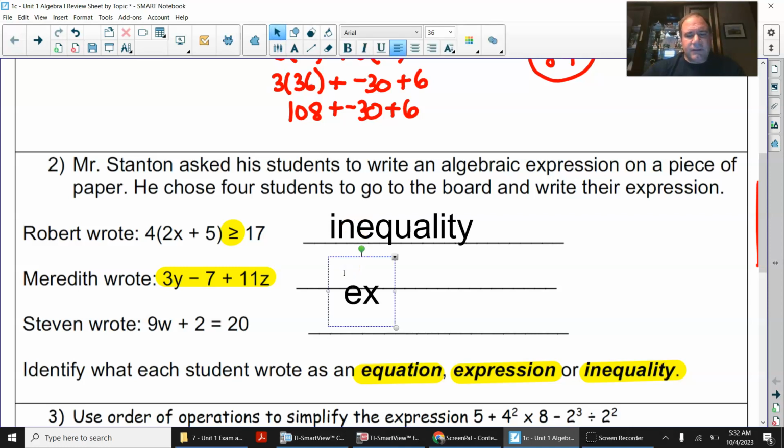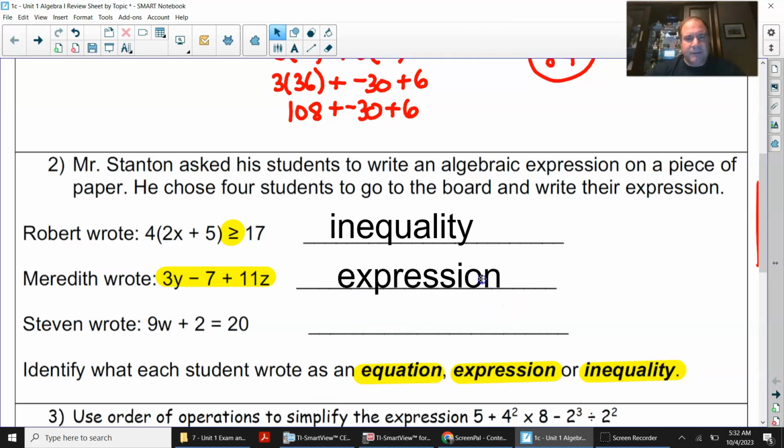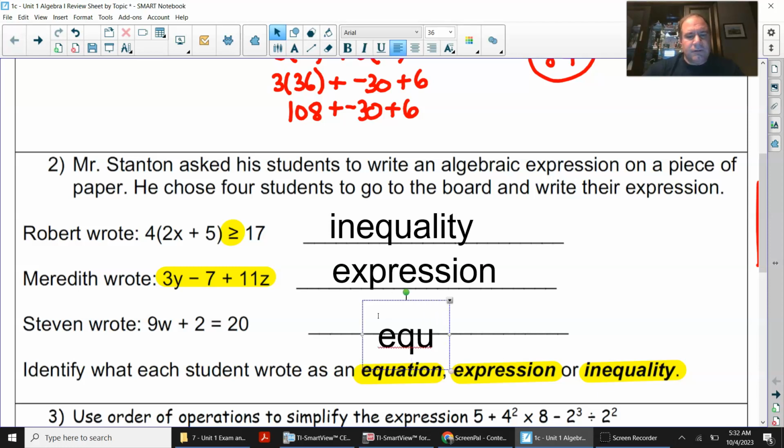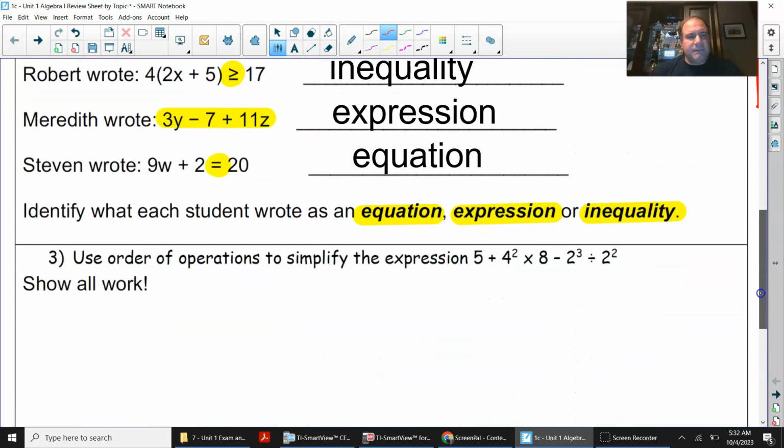So that is an expression. Plain and simple. And then the third one, it has an equal sign, so it's an equation. That's it. So remember, an equation always has that equal sign. And that's it for that one.